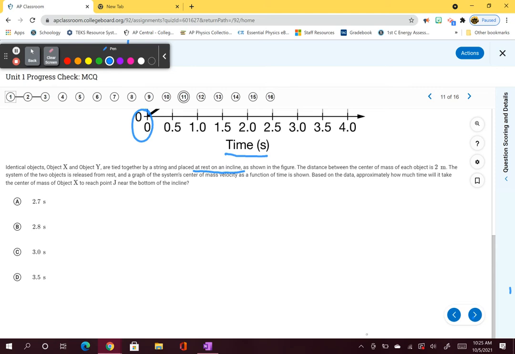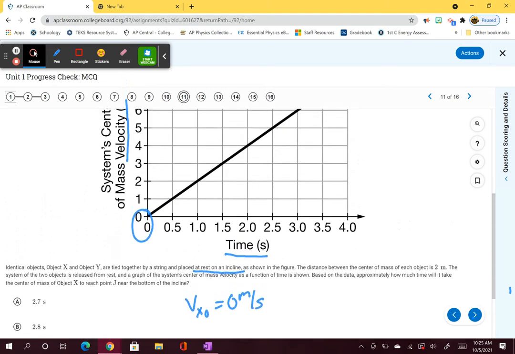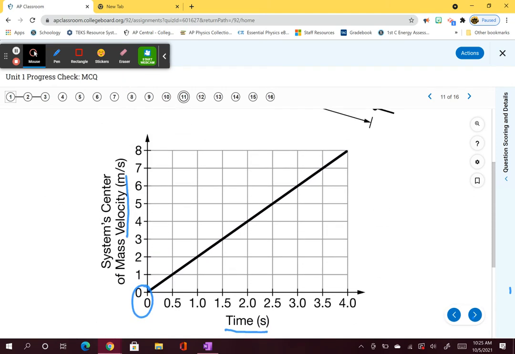If we know that it starts from rest, so our initial velocity is 0. We can figure out our acceleration with the graph. So we just need our slope. Change in y over change in x. It's just your change in velocity over change in time.